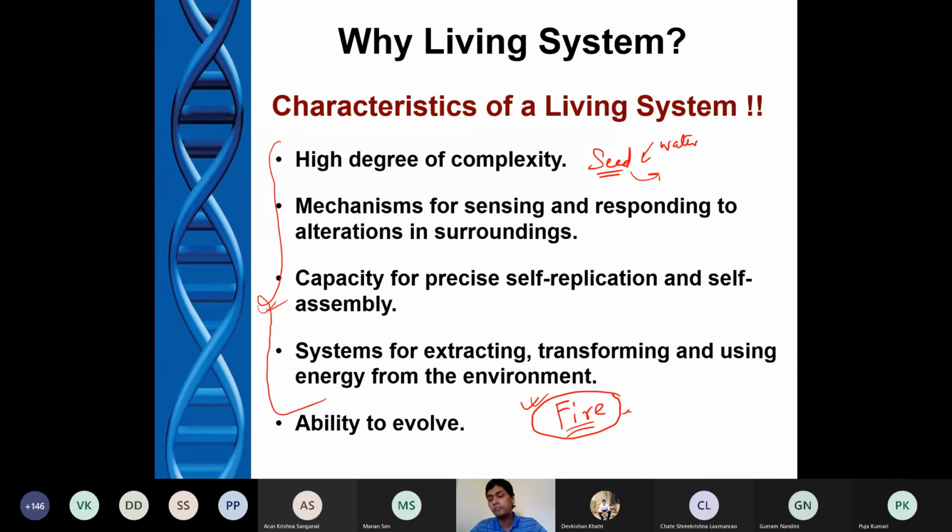So as a result, in today's world, there is one term that is called biomimetic. That means, as I just explained, a living system is a very complex, nicely organized and assembled thing. So the idea is if you can learn something from the living system itself, because whatever you can see today is the result of years and years of evolution.